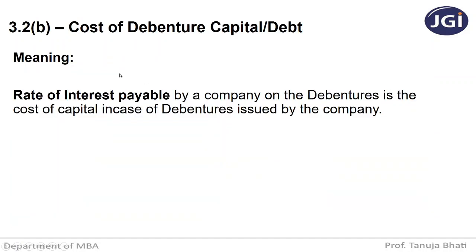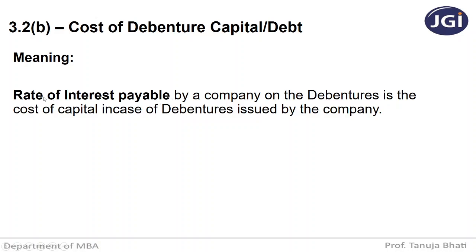So what is the meaning of cost of debenture capital? When a company issues debentures in order to raise funds or to raise finance, what is the cost involved? The cost involved is nothing but the interest that the company is going to pay to the debenture holders.